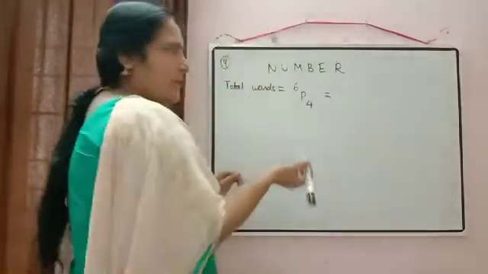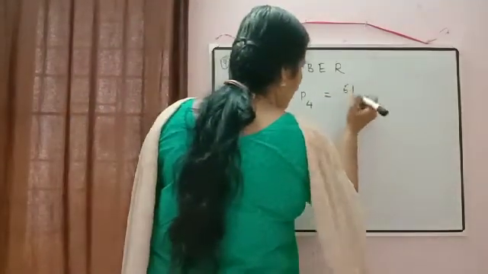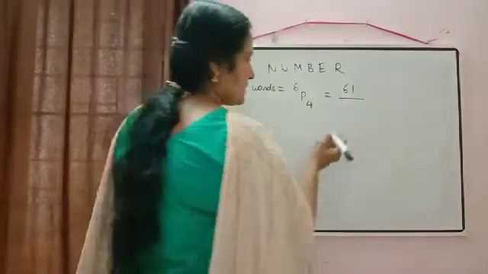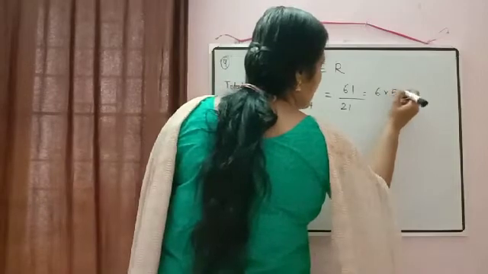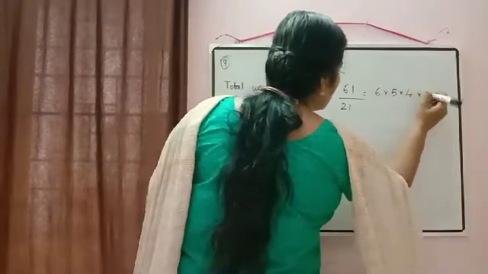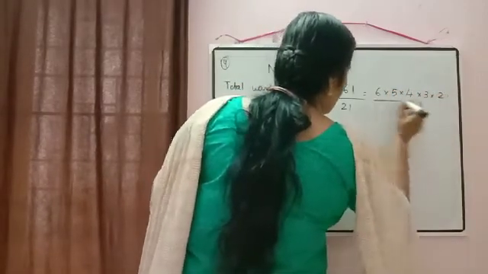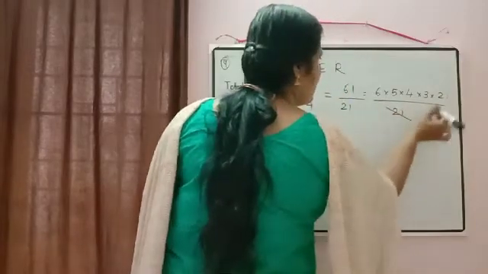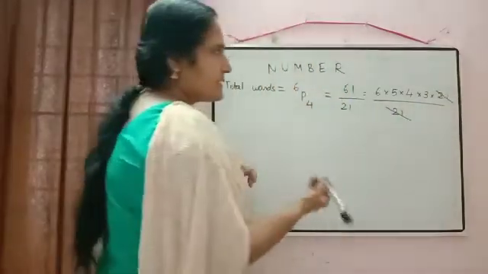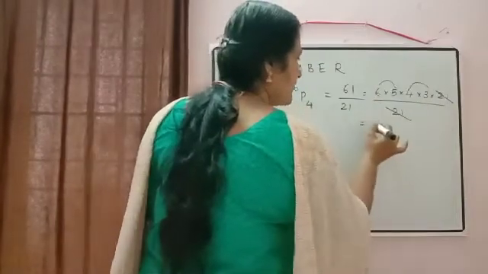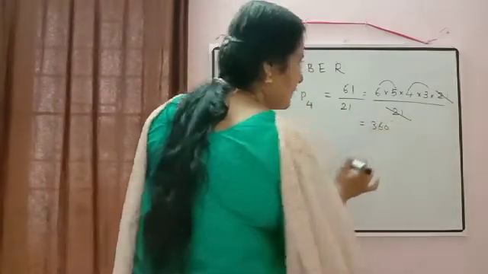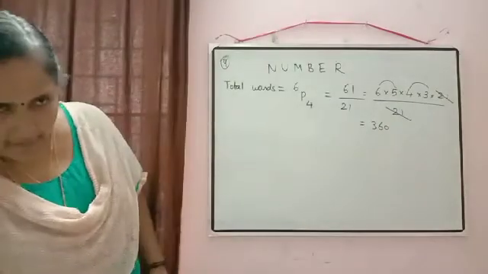So just to simplify it, 6p4 will be equal to 6 factorial by 6 minus 4, 2 factorial. 6 factorial is 6 into 5 into 4 into 3 into 2 factorial by 2 factorial. 2 factorial, 2 factorial cancelled. Again 4 3s are 12. 6 5s are 30. 30 into 12 will be equal to 360.